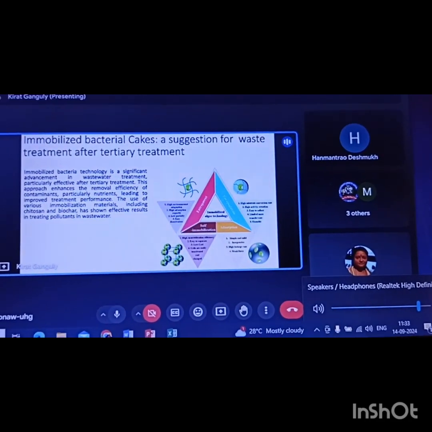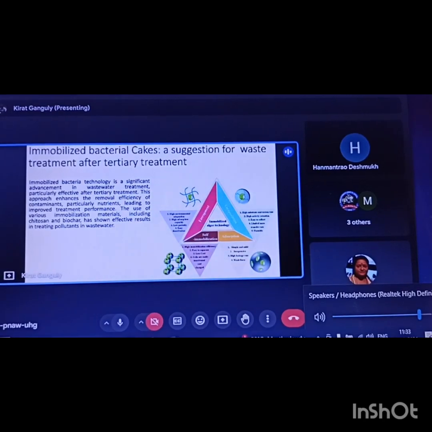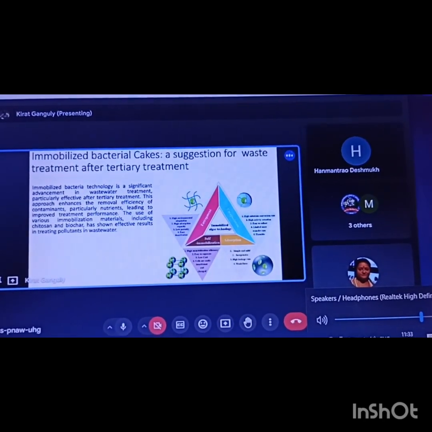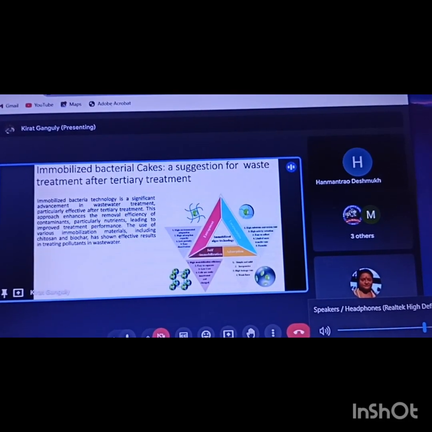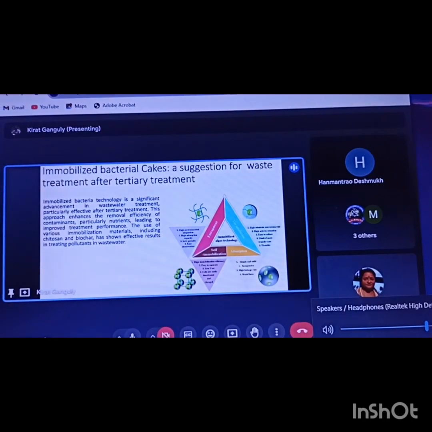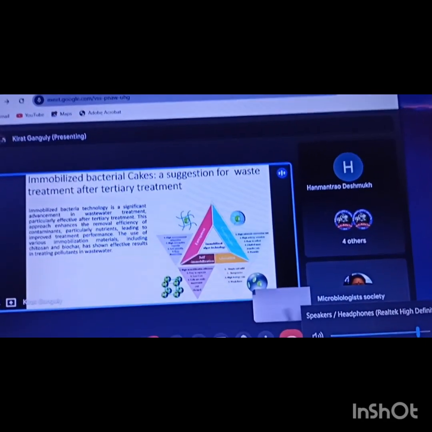So in that case, we can adsorb the bacteria on the surface of some nanoparticles. We can self-immobilize the bacteria by interacting with each other. Entrapment is exactly what I was saying, that we can create some kind of mesh where the bacteria are trapped, and we can put huge meshes within the wastewater coming after the tertiary treatment, and even give some nanoparticles there.